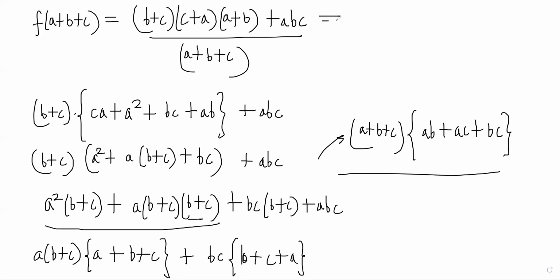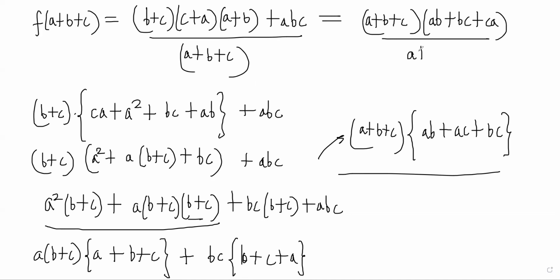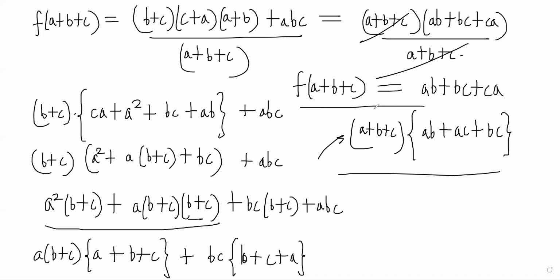So the factorization of the numerator here is a plus b plus c times ab plus bc plus ca, and you divide it by a plus b plus c, and you end up getting f of a plus b plus c is ab plus bc plus ca, which is the solution of this problem.